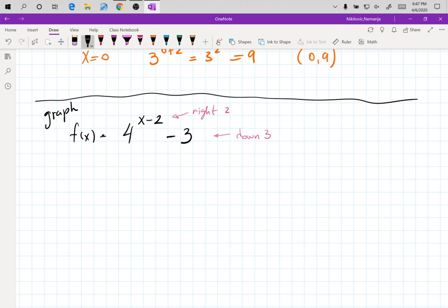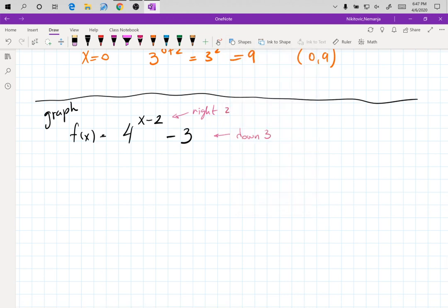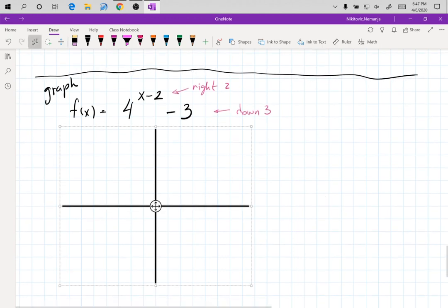You can do it in stages, or you can do all at once. Let's see if all at once is a mess.